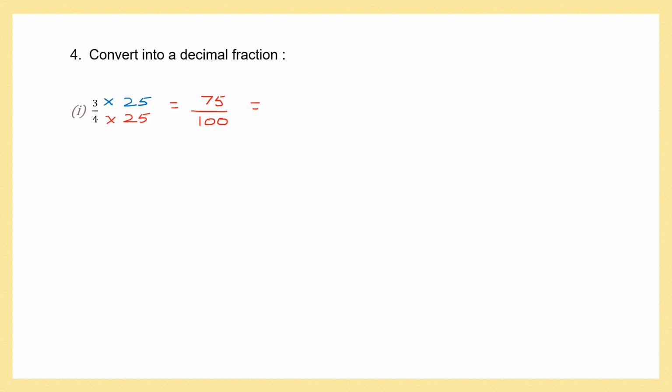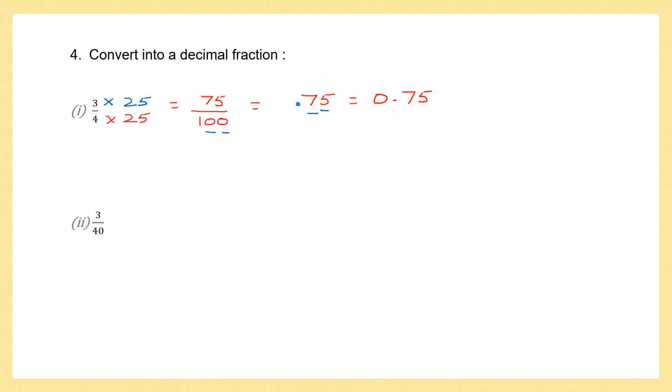So let's take the numerator and write it as a whole number. Now I'm not putting a point, so it's a whole number now. Let me look at the denominator. There are 2 zeros. So my point moves 2 places to the left and comes there. So my final answer is 0.75.